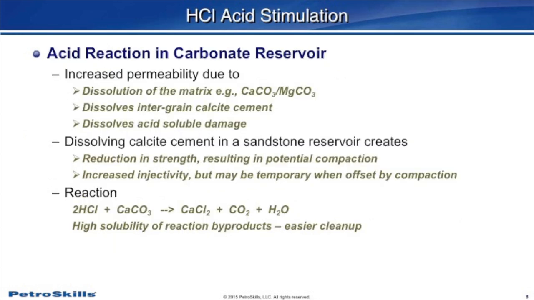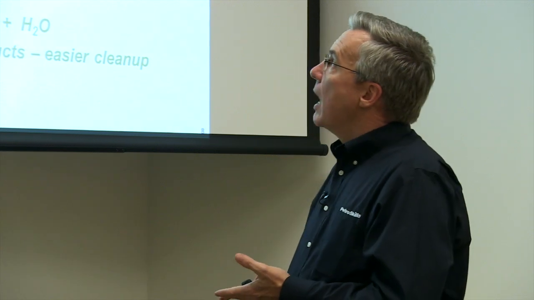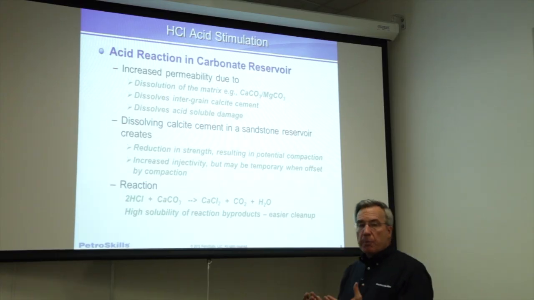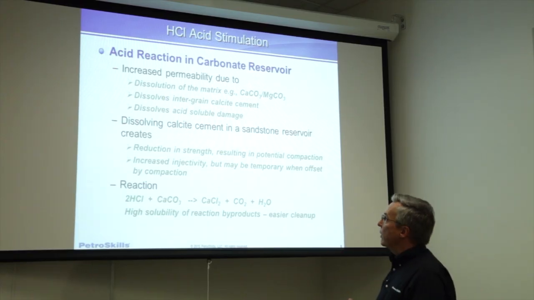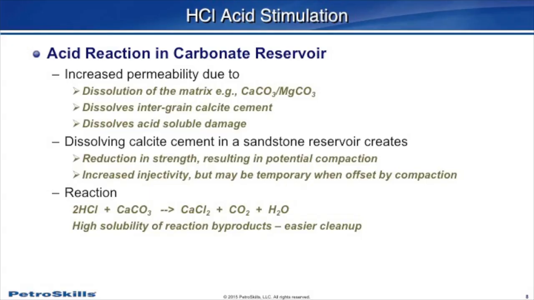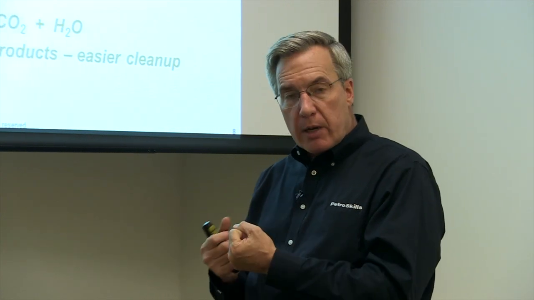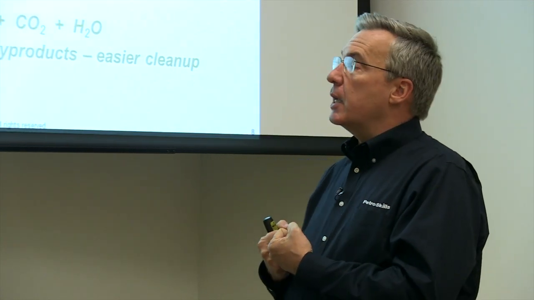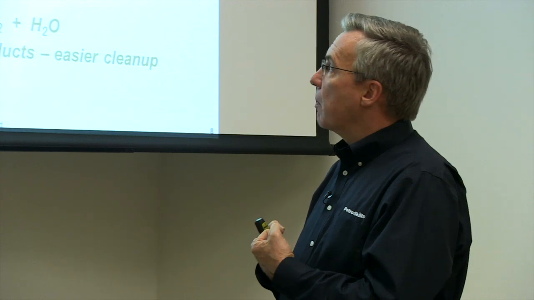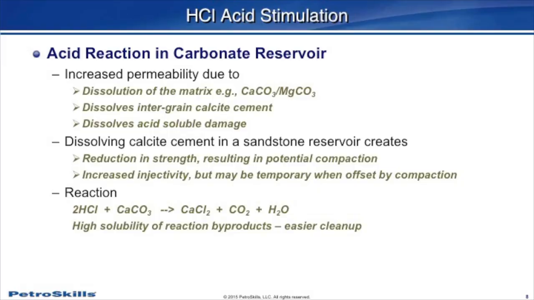The acid reaction in carbonate reservoirs, and by carbonate reservoirs, of course, we're talking about limestone and dolomites, will dissolve the rock matrix completely, and that's very favorable. But if we have calcite cement present in our sandstones and we pump hydrochloric acid, it will dissolve that cementing material, weaken the formation, and again, lead to sand production and possible big-time problems.